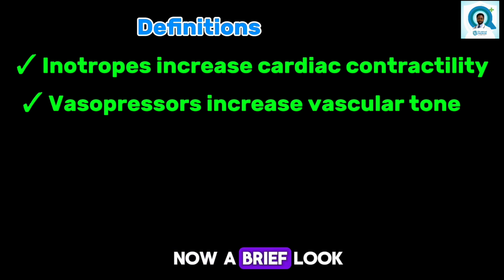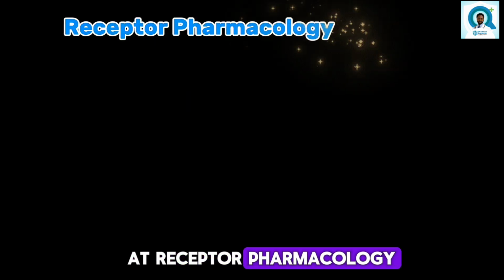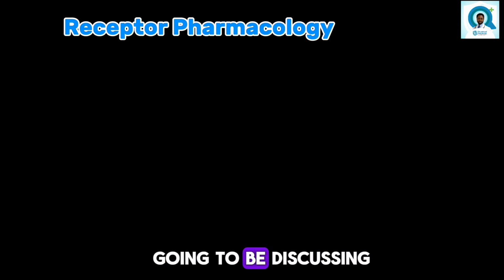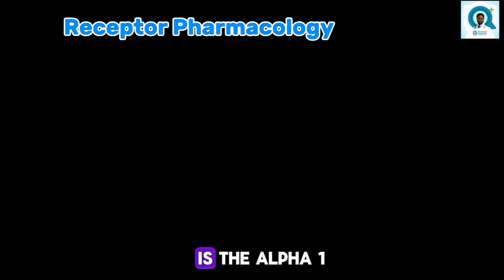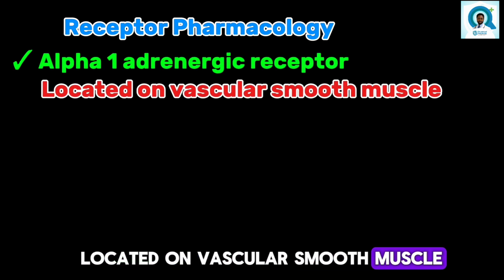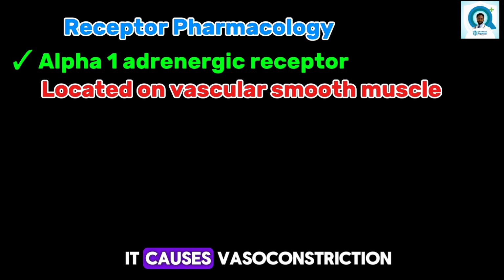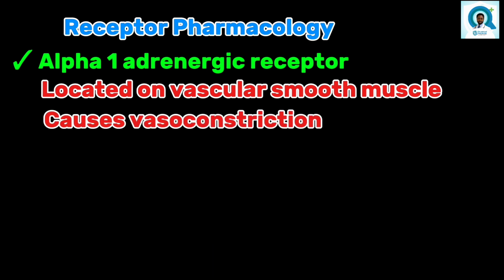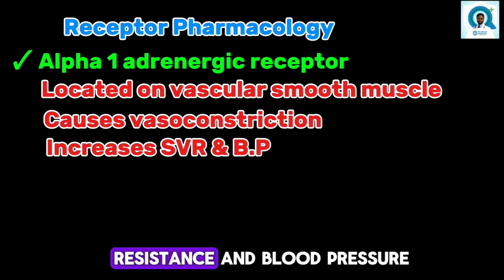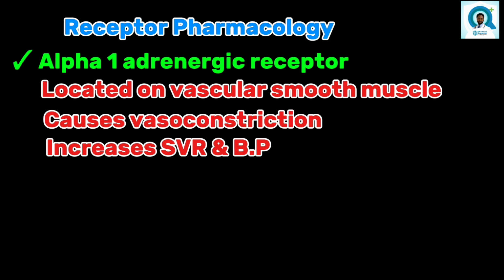Now, a brief look at receptor pharmacology. The first set of receptors we're going to be discussing is the alpha-1 adrenergic receptor, which is located on vascular smooth muscle and causes vasoconstriction, thereby increasing systemic vascular resistance and blood pressure.